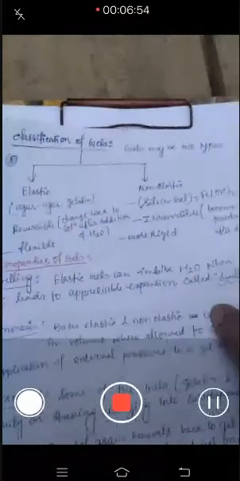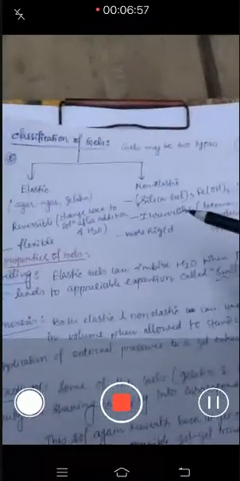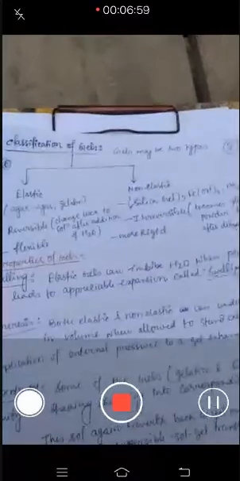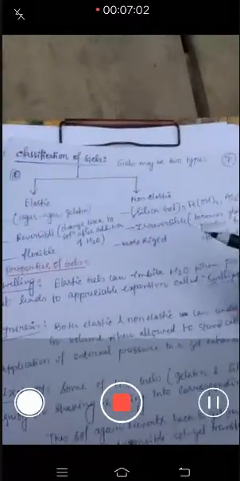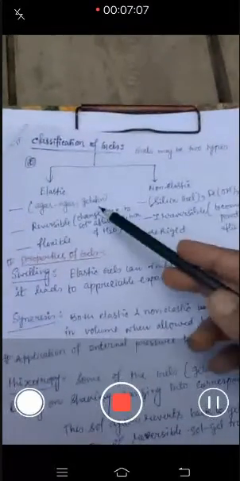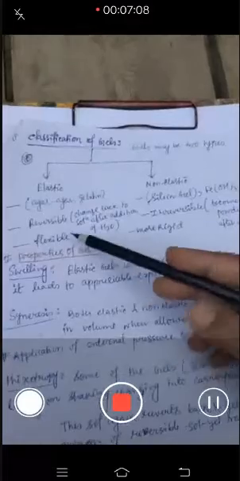And gels are of two types: elastic as well as non-elastic. Elastic means they are reversible back to the colloidal sols. Sols are somehow solution type; gels are somehow semi-rigid, not solid, not liquid. So elastic gels are reversible, flexible.